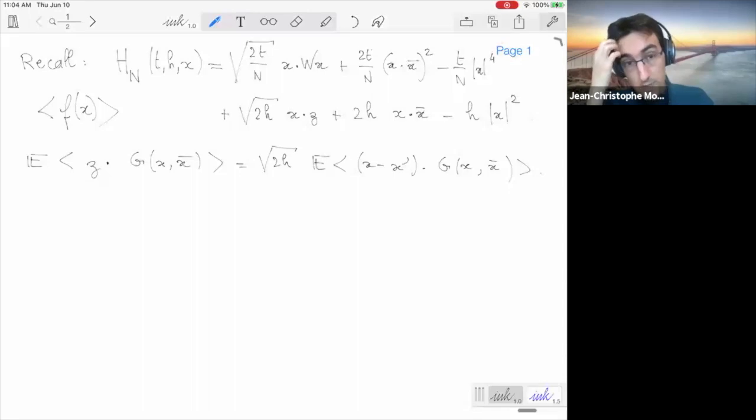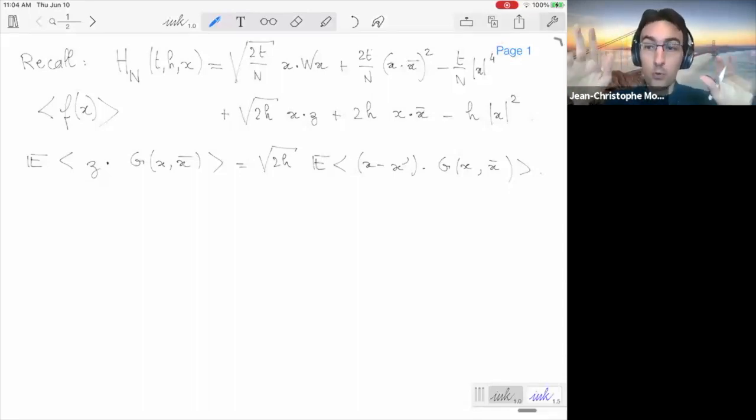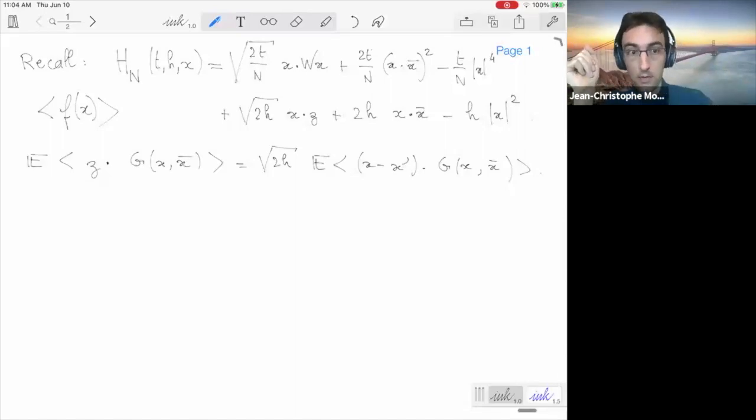Okay, so this bracket thing is defined for each realization of W, x bar, and z, and therefore it's a random thing, and we can take the expectation of that thing. And what we've seen is that that expression is the same as the one where we put a bar. And we had something similar when we put more replicas, more copies of x inside this bracket. And this was the Nishimori property.